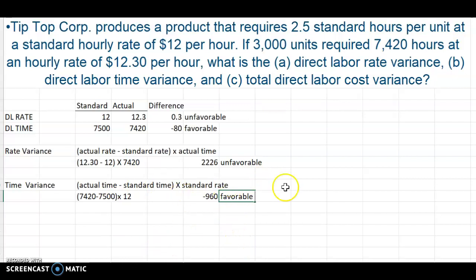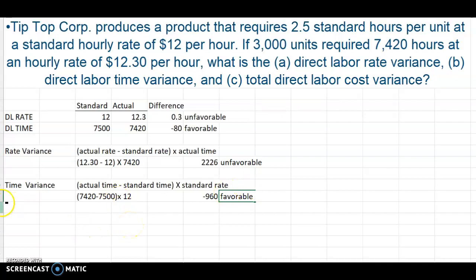For our example exercise, we've had favorable and unfavorable. They can be both favorable or both unfavorable, but in this situation, we have a favorable one and an unfavorable.